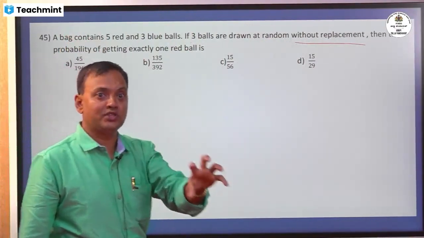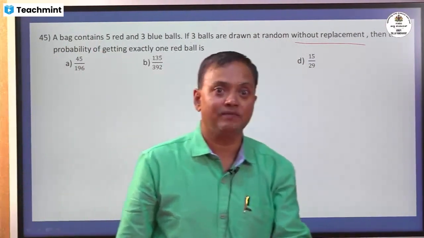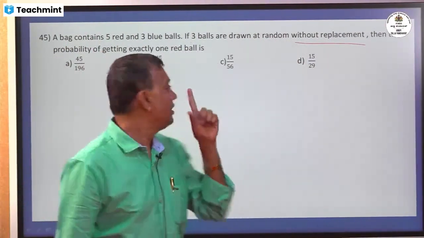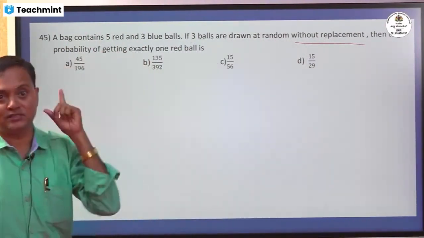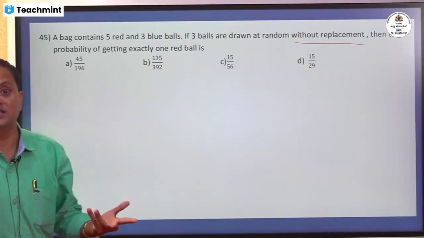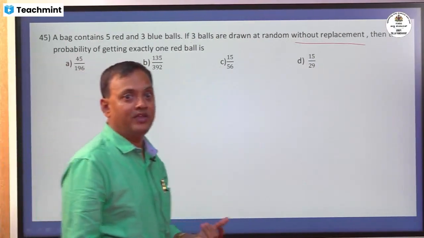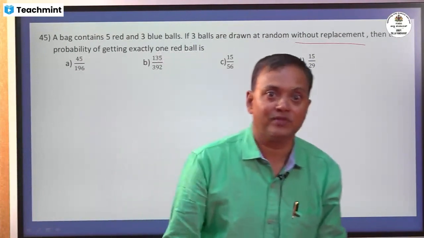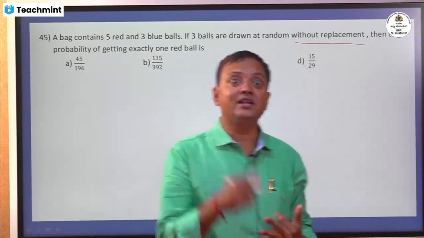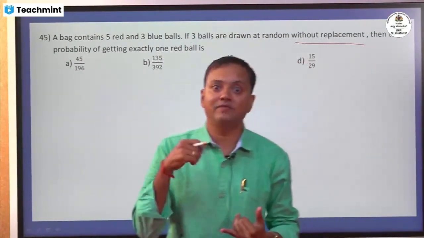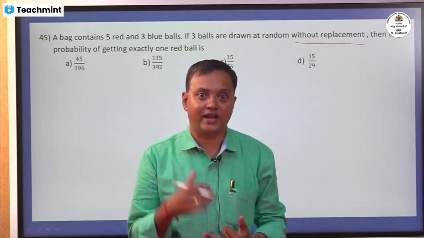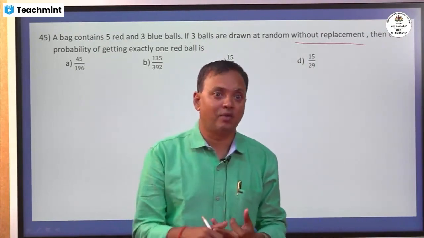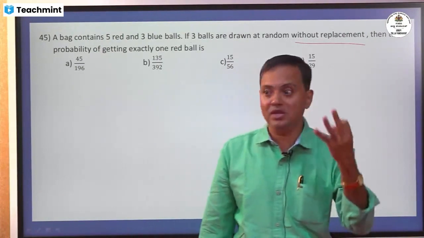So we drew 3 balls, but a red ball comes only once. What are the possibilities? We draw the first ball, second ball, third ball. Red comes either in the first ball, or the second ball is red, or the third ball is red. So here we have 3 possibilities.